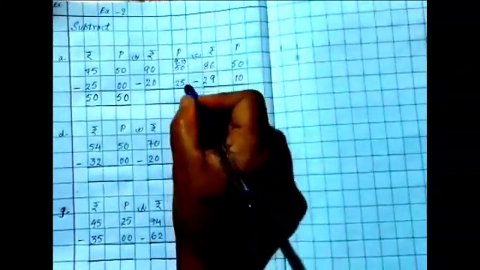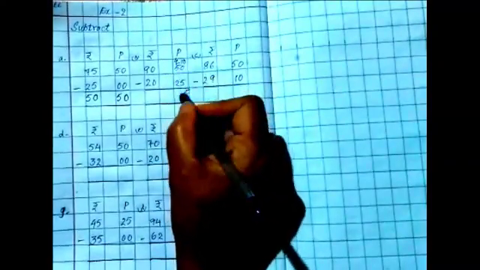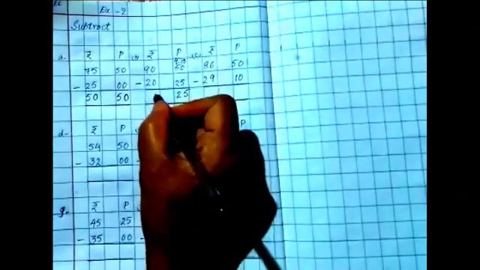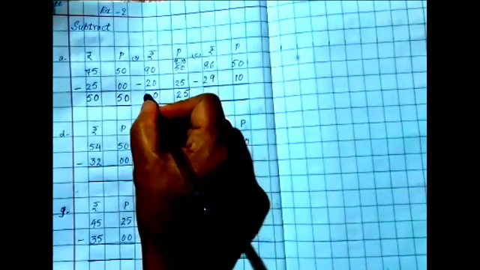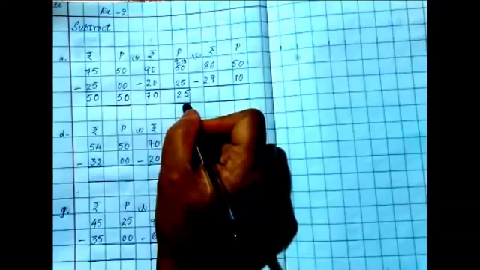Now 10 minus 5 is 5. Here 4 minus 2 is 2. 0 minus 0 is 0. 9 minus 2 is 7. 70 rupees and 25 paise.